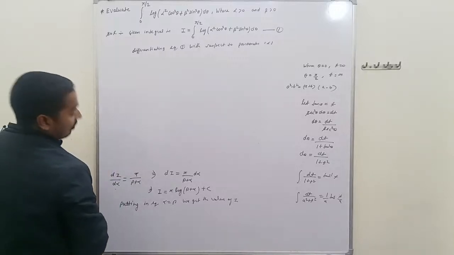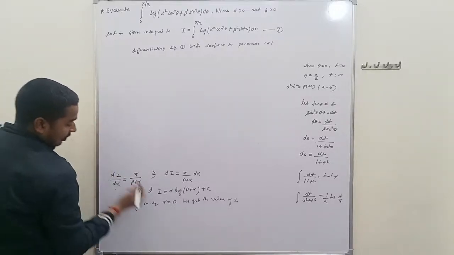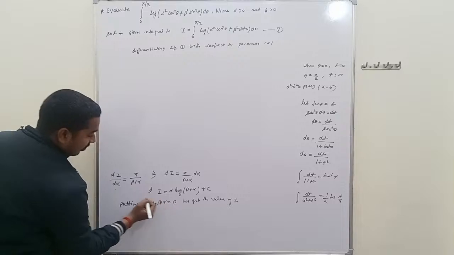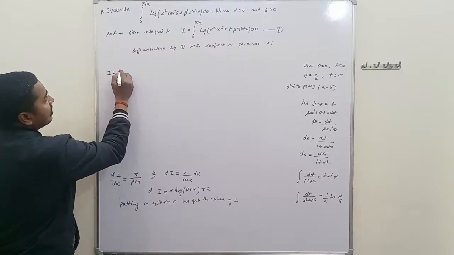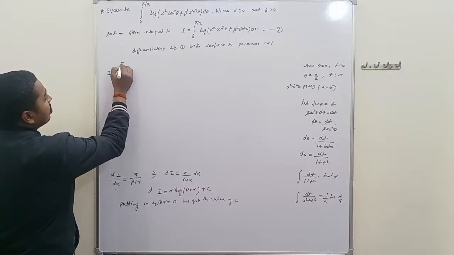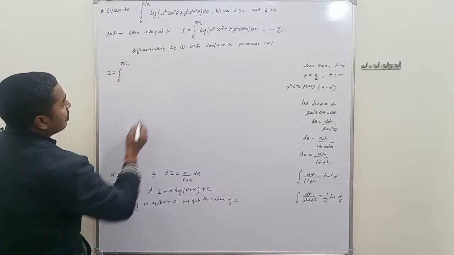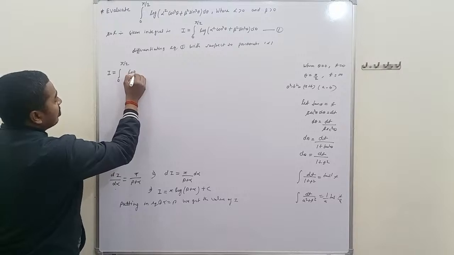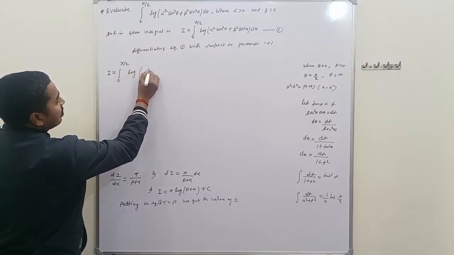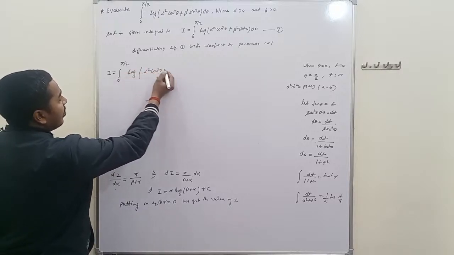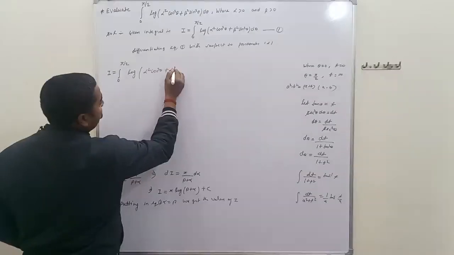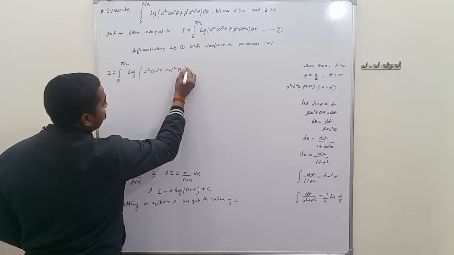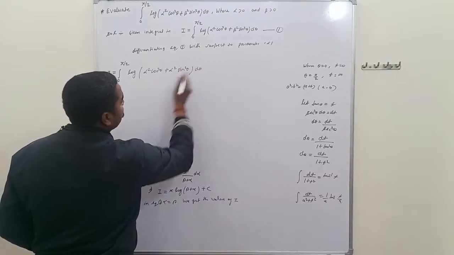Putting in equation 1, alpha is equal to beta, that is I is equal to the integral from 0 to pi by 2 of log, and this is given by alpha square cos square theta, and in place of beta we can also put alpha, that is alpha square sin square theta, and this is d theta.